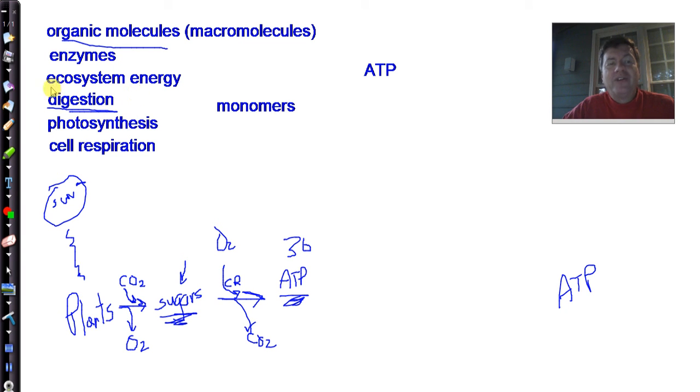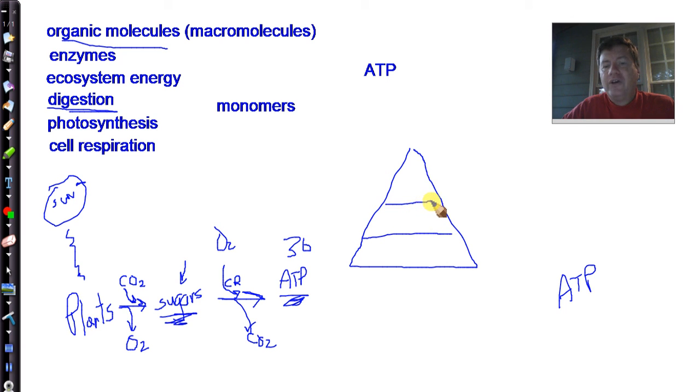Before my time runs out, I do want to mention ecosystems, because this gets a little bit at the idea of the ecological pyramid. Remember, if you look at the pyramid of energy, there are lots of producers down here. There's lots of plants that are capturing some of the sun's energy, and they're able to convert that into plant material.